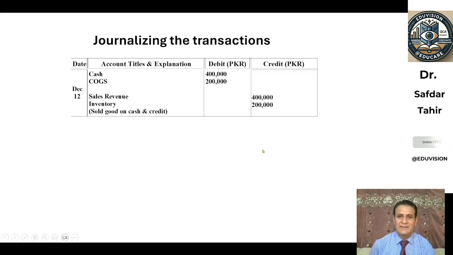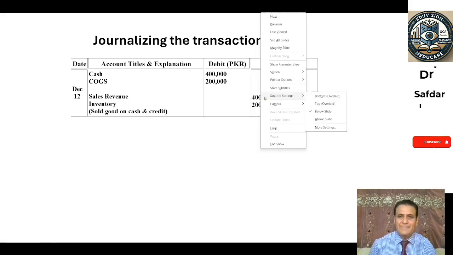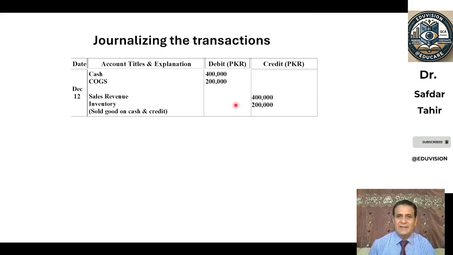And then you can say the cost of goods sold. There is a new account because this is a composite entry. When you sell the inventory, there's certainly a cost of goods sold. That account will be generated.